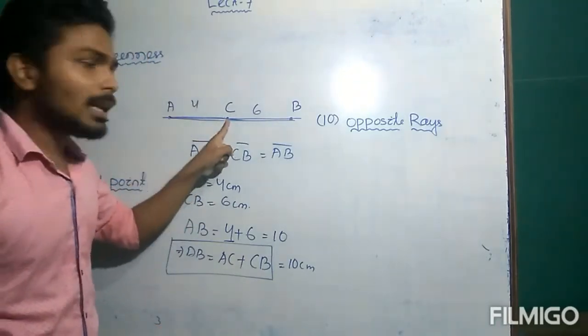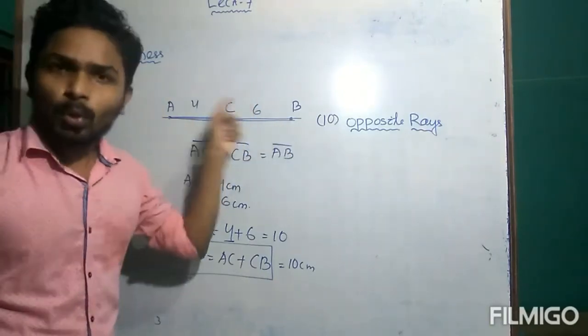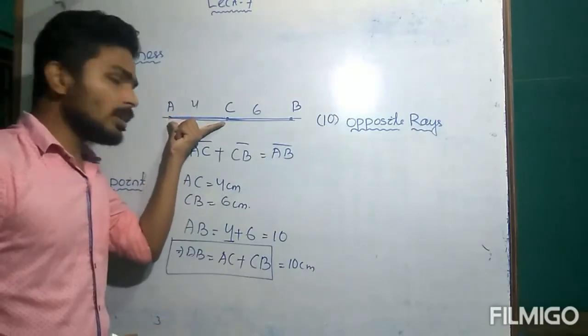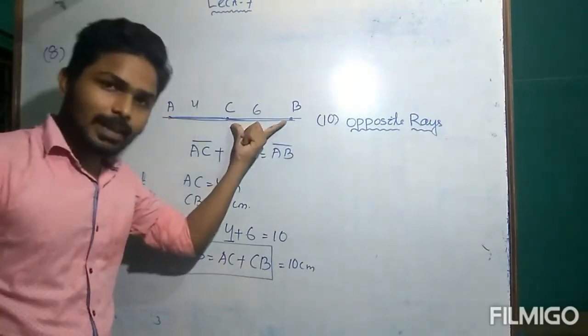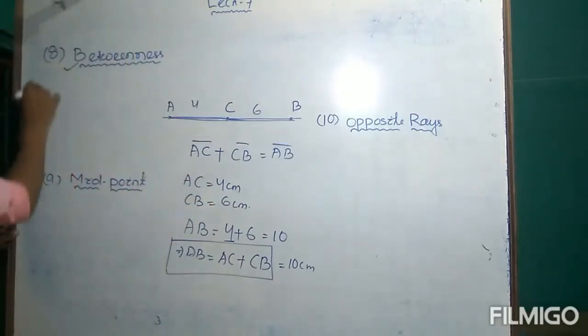Now you can write, if C is a point that lies in between A and B such that A, C, B are collinear, then length of this segment plus length of this segment is equal to length of the total segment. Okay, so write it.